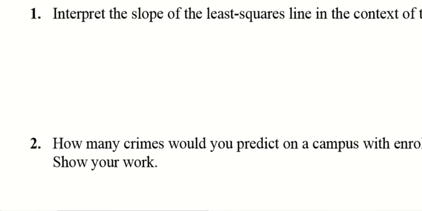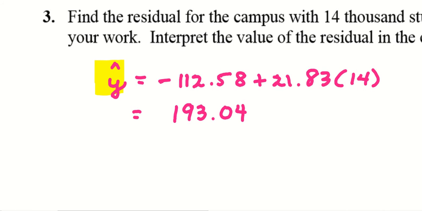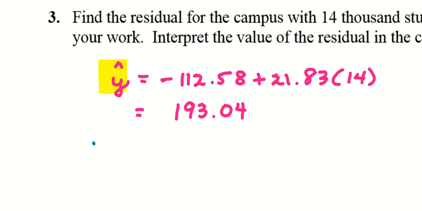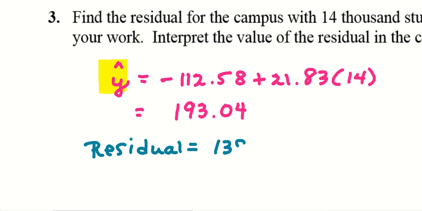So to calculate my residual, I'm going to say residual equals 138, that's what I observed happen, minus what I expected to happen. So I over-predicted, right? And since I over-predicted, my residual is going to be negative.